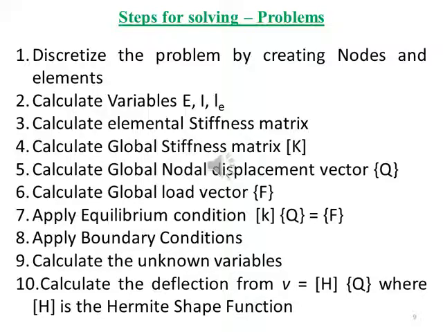So calculate the unknown variables, that is step number 9, and finally calculate the deflection. Mu is equal to h into q, where h is the Hermite shape function and q is the displacement vector. So you get the maximum deflection by using the formula h into q. So these are the steps involved in solving a problem for a beam element.